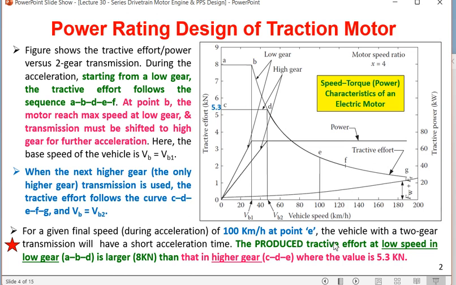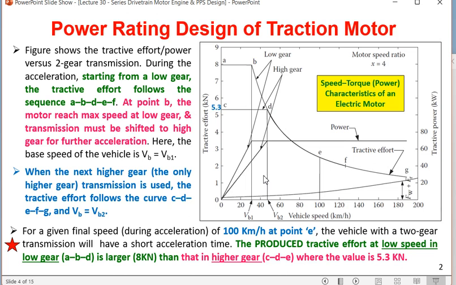The produced tractive effort at low speed at low gear ABD is larger, that is 8 kilonewton, than the two gear system CDE, where the value is 5.3 kilonewton. So there are two conclusions. First, the two gear transmission system will have a shorter acceleration time, meaning it will reach 0 to 100 km per hour faster compared to the single gear system, which will reach 100 km per hour in a slower fashion.